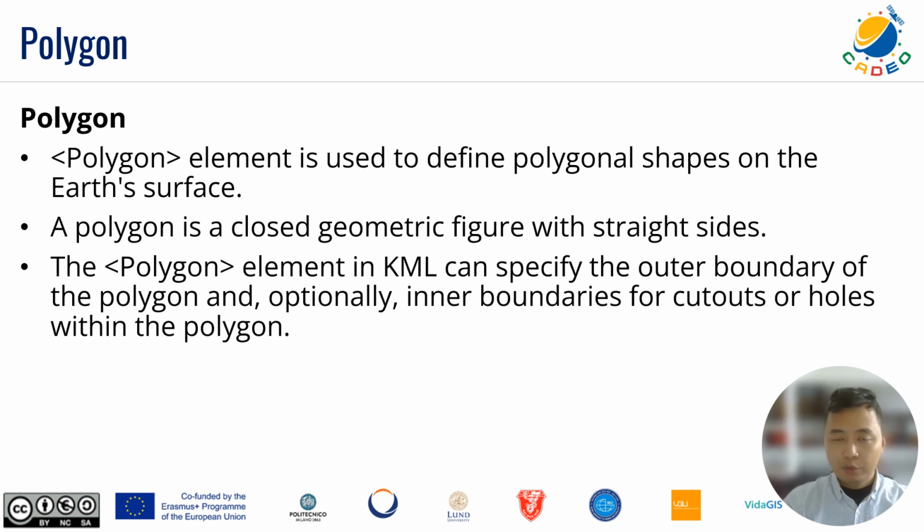To draw a polygon, we just define the coordinates from the start point, and we input the next point of the polygon. The last coordinate, the last point, will be the same as the first one. We will go to the next slide to take a look at one specific example.